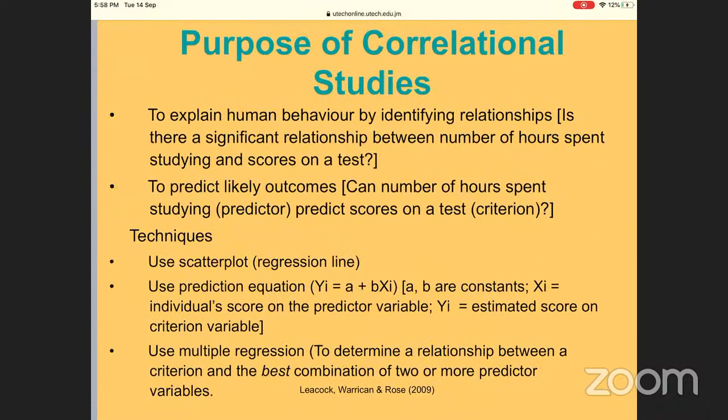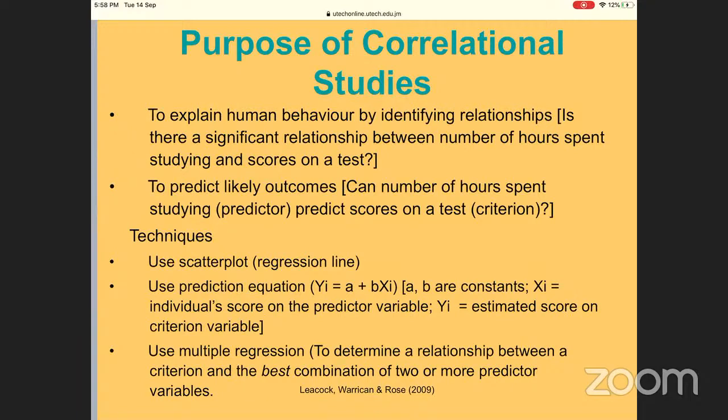The purpose of correlation studies is to explain human behavior, though you can have correlation studies outside of human behavior. It's about whether there are relationships and predicting likely outcomes. However, because it's not an experimental study, the prediction is not going to be definitive.